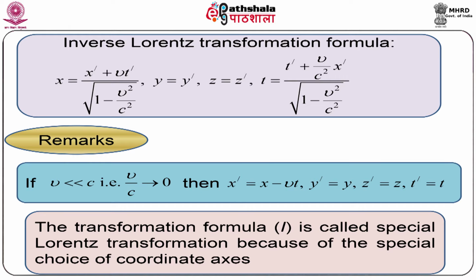Remarks. Let us consider the case when v is much less than c. In that case, v by c tends to 0. If we substitute this in the direct Lorentz transformation formula already obtained, we get x dash equal to x minus v into t, y dash equal to y, z dash equal to z, t dash equal to t.